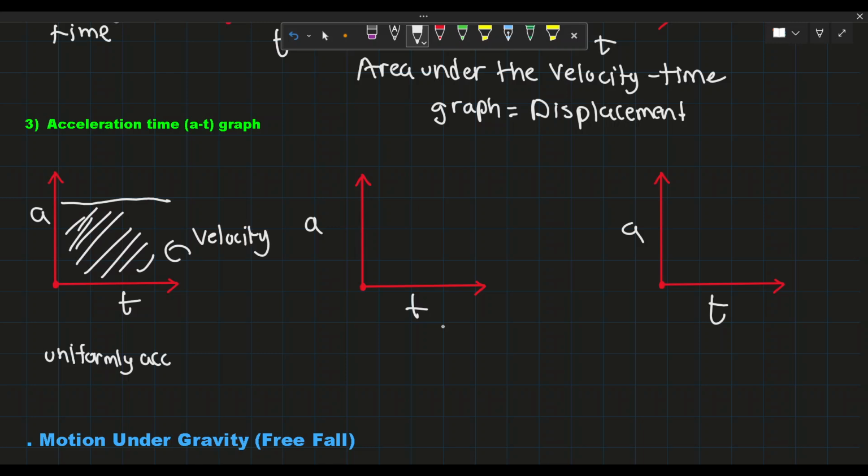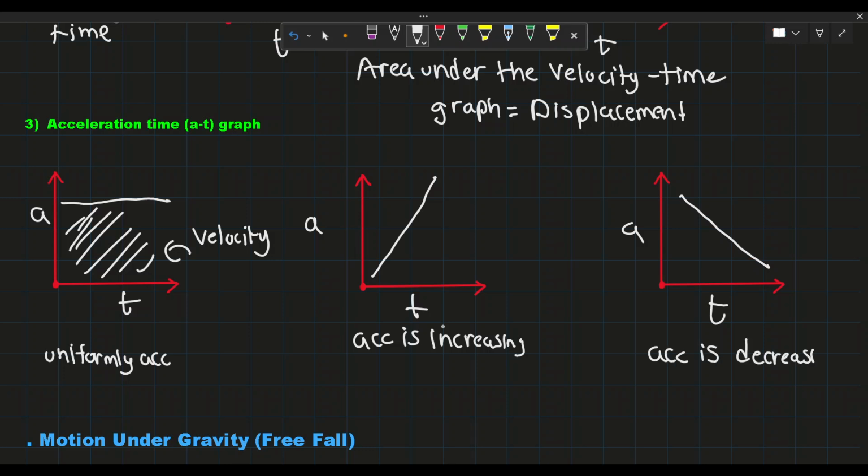Another graph would be this, where acceleration is increasing with time. And this would be your third graph, where acceleration is decreasing with time.